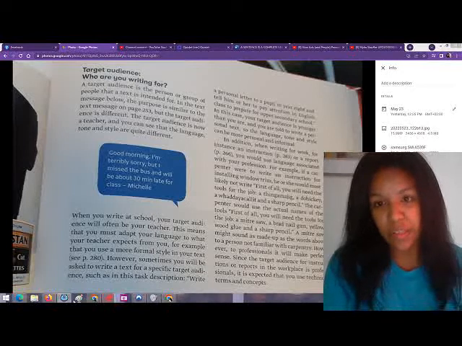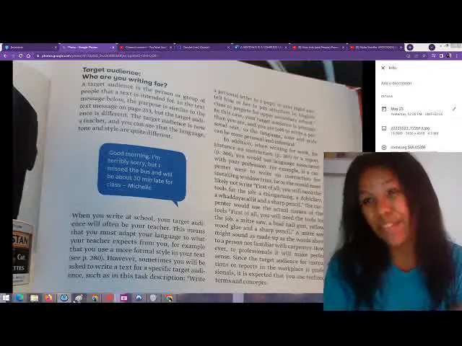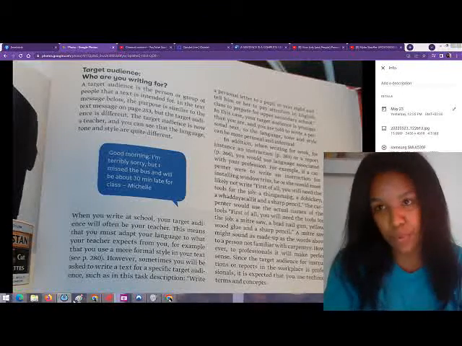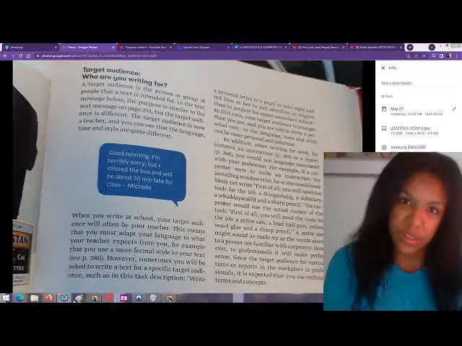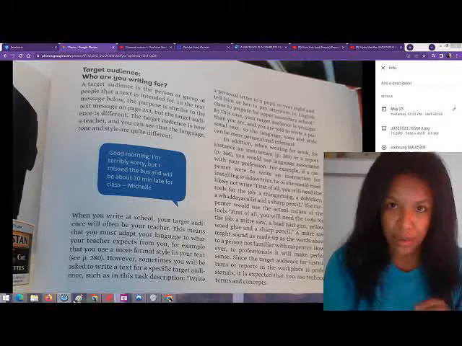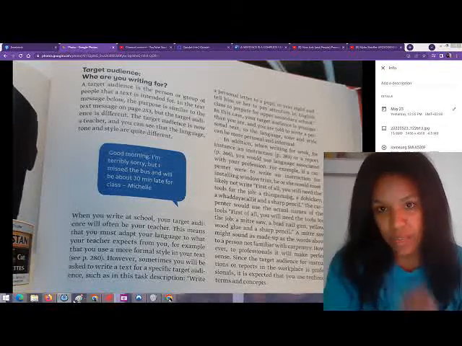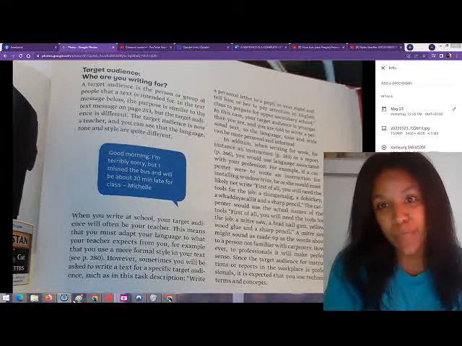The assignment is reading this page for the second part of the day and writing a summary. If for some reason you're not able to write it, you can create an audio file of it and send it to me directly on Messenger.